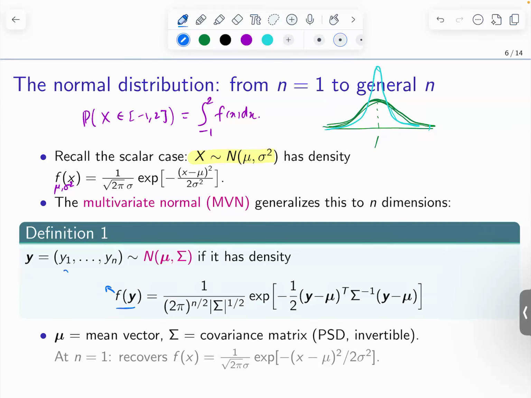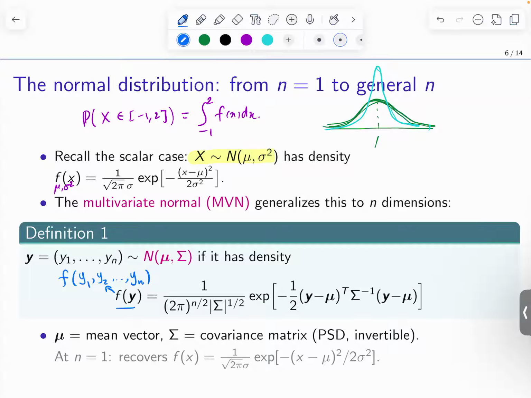The PDF would be a function of y1 to yn, so it lives in Rn. If I multiply this by an n-dimensional volume element, I get a probability, so I have to integrate it over a set in Rn.